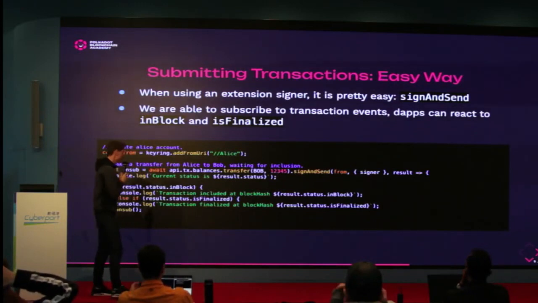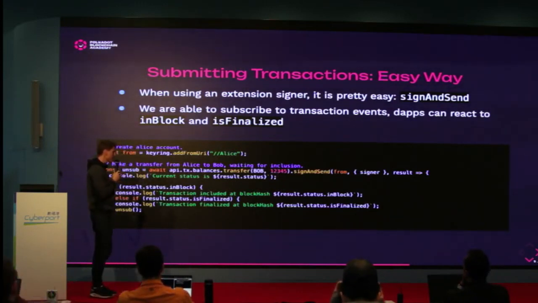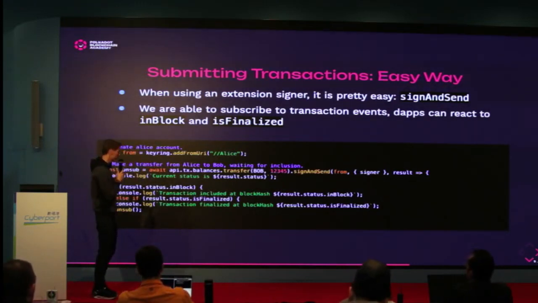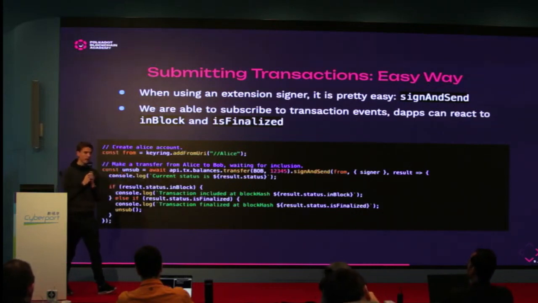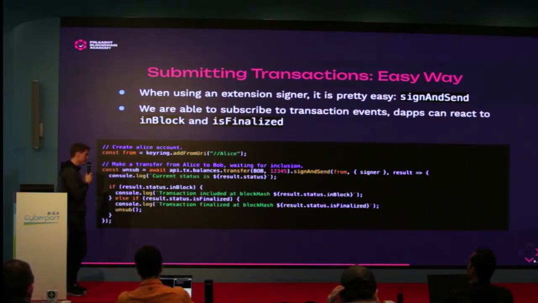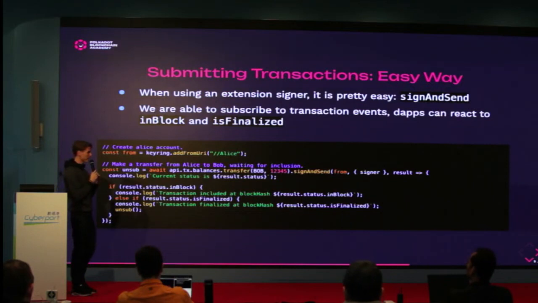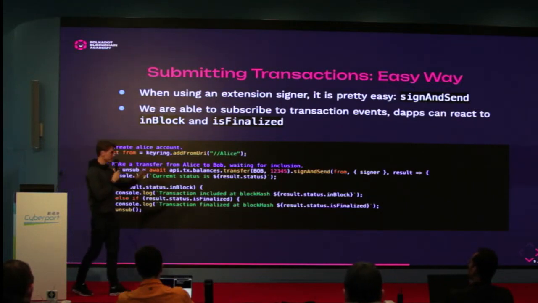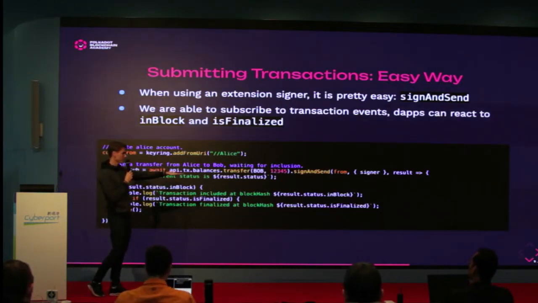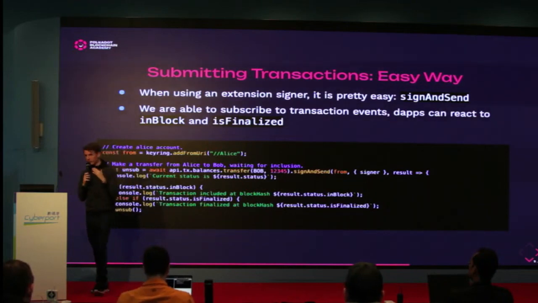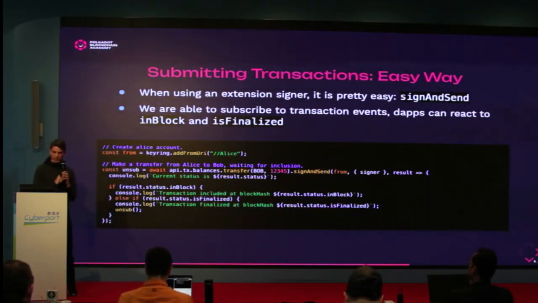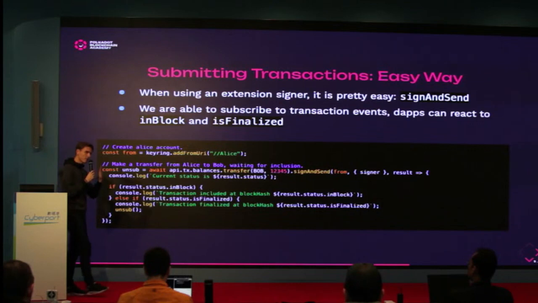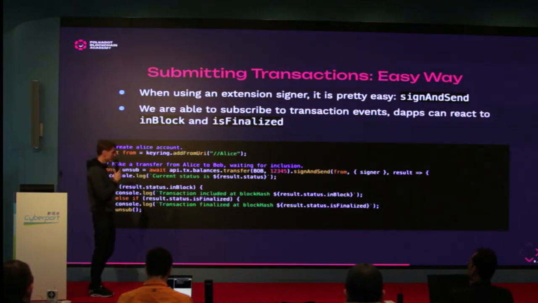And every time the transaction status is updated, this callback function again is executed. So I can keep track of the state of the transaction. From a Dapps perspective, I'm mostly interested in the in-block status. This happens in around 6 seconds on Polkadot. So we can have relative confidence that this transaction will succeed at this point.